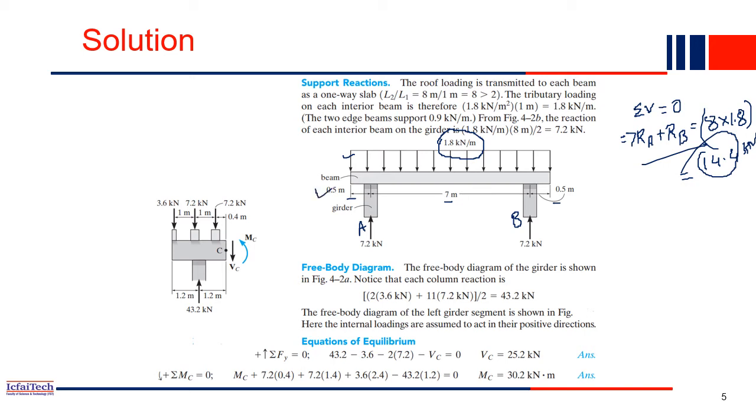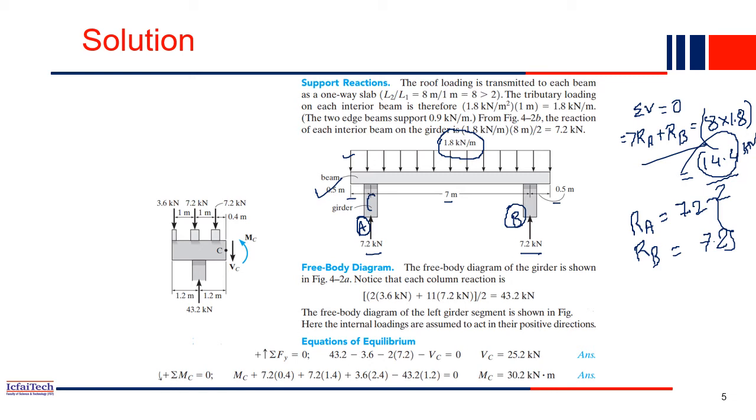This is a symmetric structure, so half of the load will come to A and half to B. So RA will be 7.2 and similarly RB will also be 7.2.